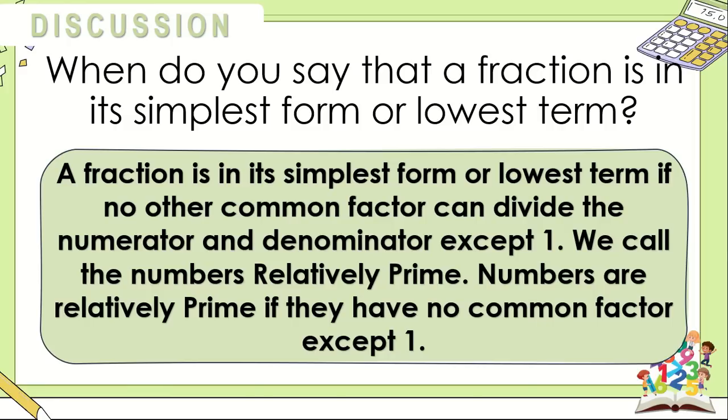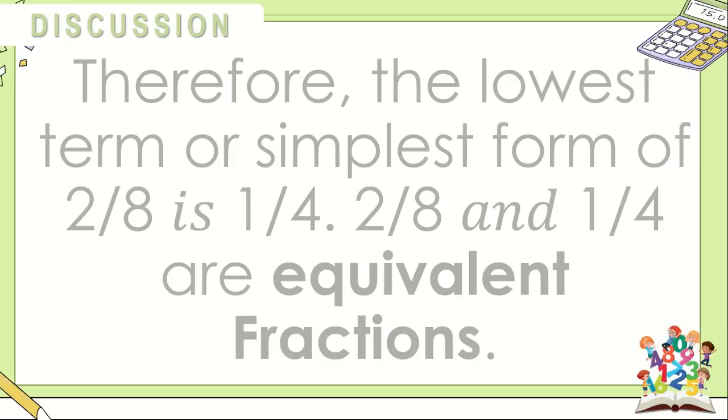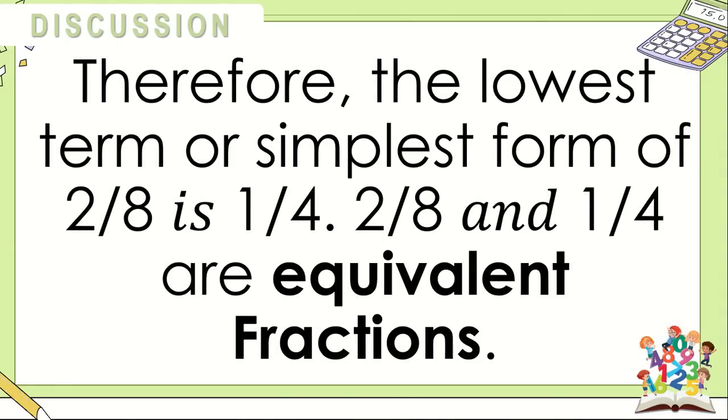We call the numbers relatively prime. Numbers are relatively prime if they have no common factor except one. Therefore, the lowest term or simplest form of 2/8 is 1/4. 2/8 and 1/4 are equivalent fractions.